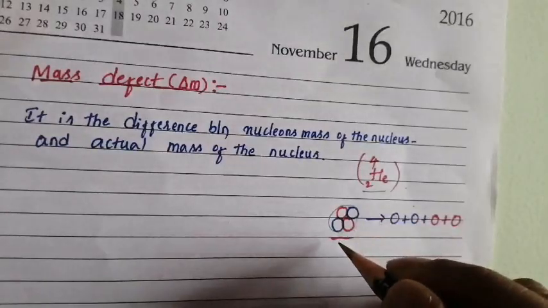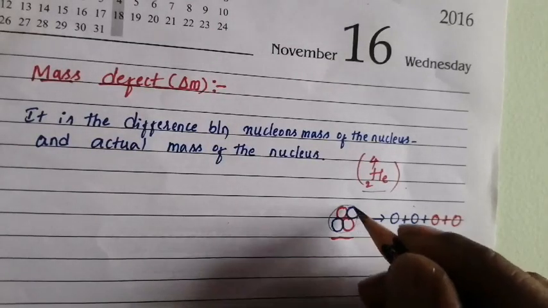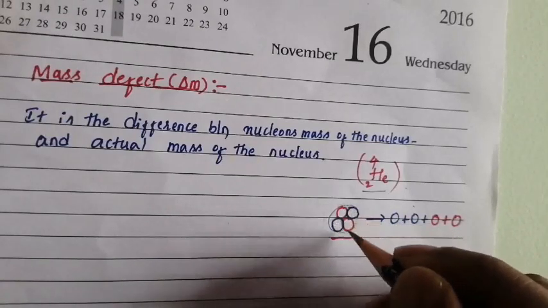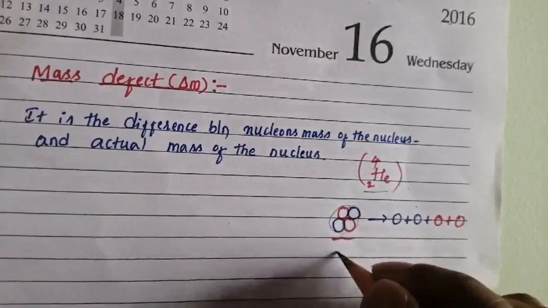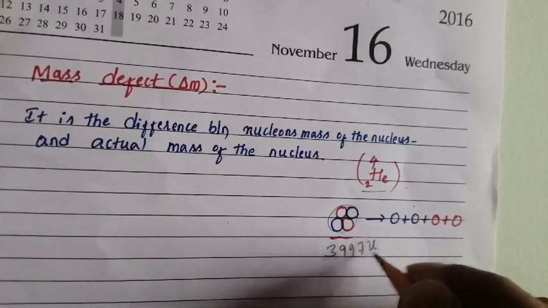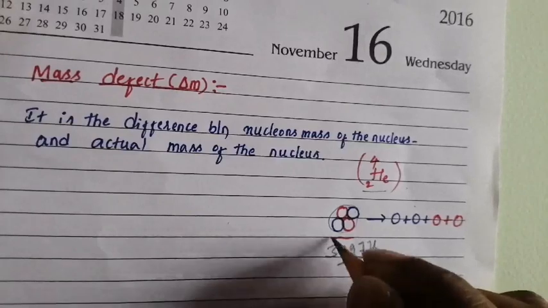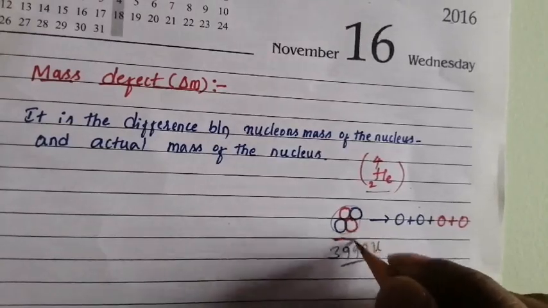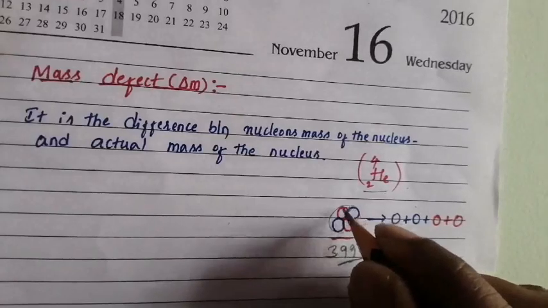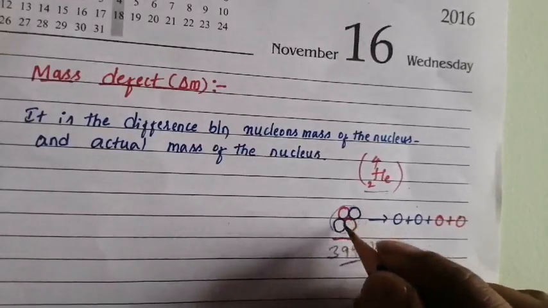Therefore, the mass of these four nucleons is around 3.997 AMU. I want to take roughly. So 3.997 AMU is the mass of this helium nucleus, or these 4 nucleons mass.